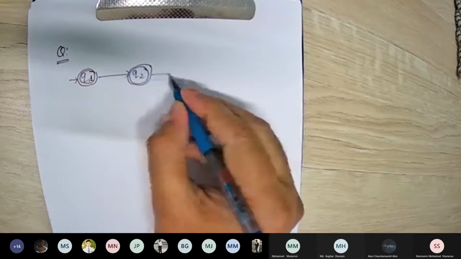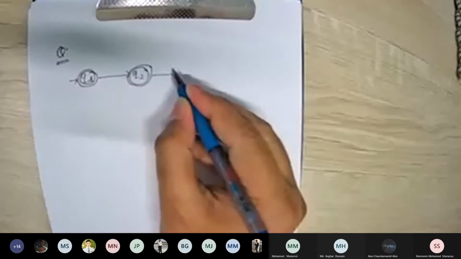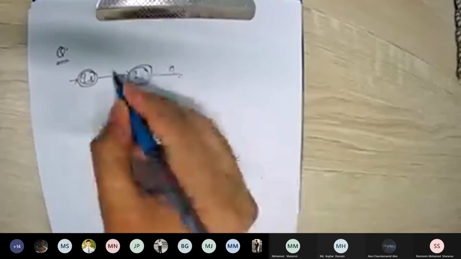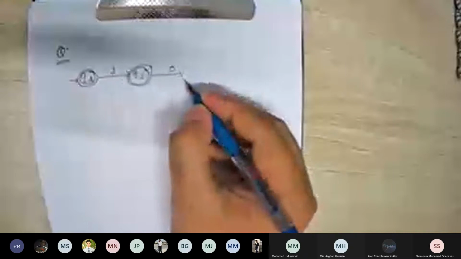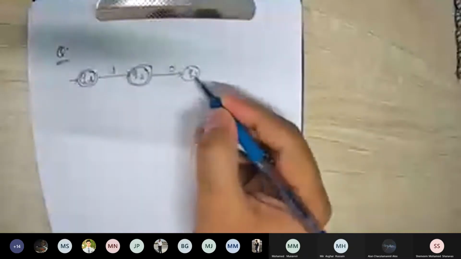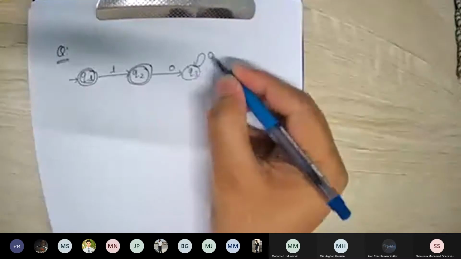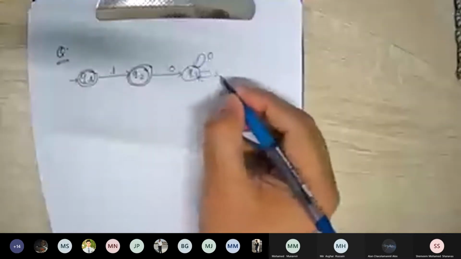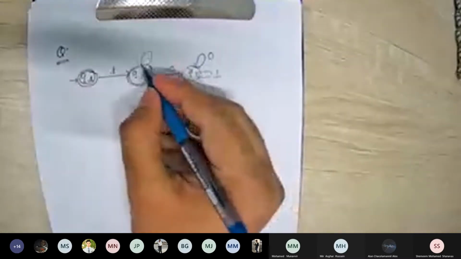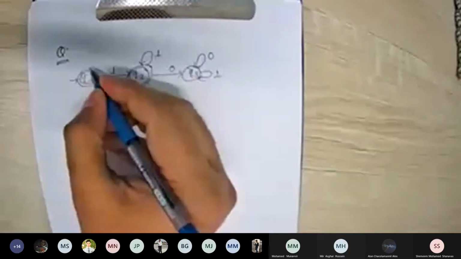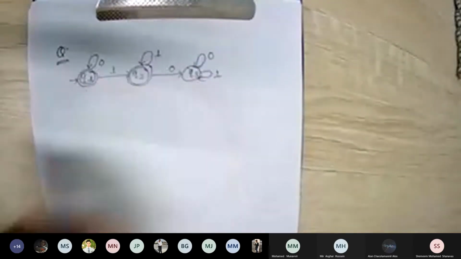And then you have Q3, which means you have three states. Here 0, 1. This is a self loop with 1, and this is a self loop with 0.